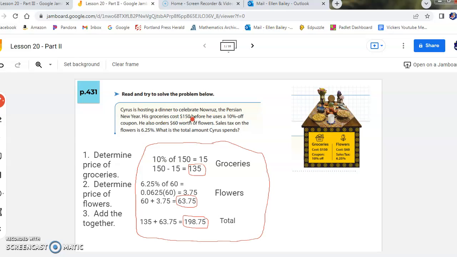Okay, his groceries cost $150 before he uses a 10% off coupon. All right, so first step, let's determine the price of the groceries. Second step, he also orders $60 worth of flowers. Sales tax on the flowers is 6.25%. Then what's the total amount? So second thing to do is to determine the price of the flowers and then add the two together.